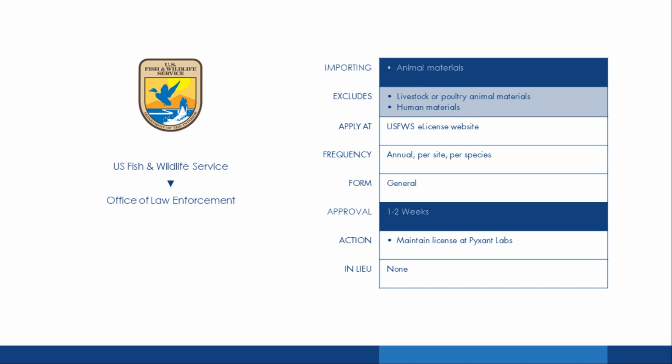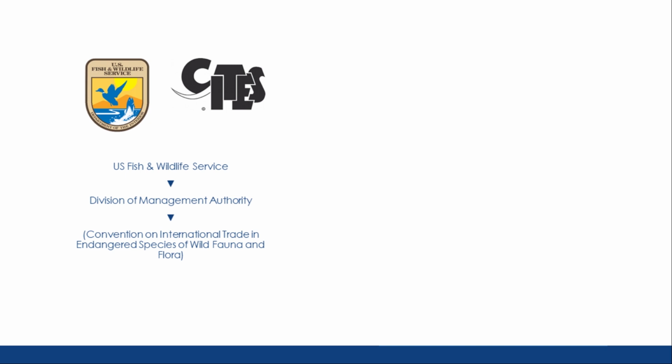So the next agency we're going to talk about is the U.S. Fish and Wildlife Service again, but particularly we're going to focus on CITES. CITES is a big deal, and CITES stands for the Convention on International Trade in Endangered Species of Wild Fauna and Flora.